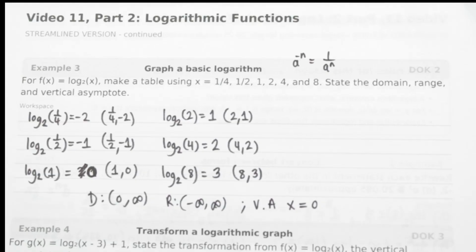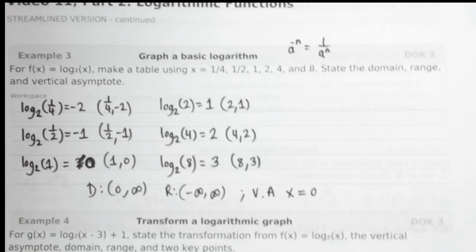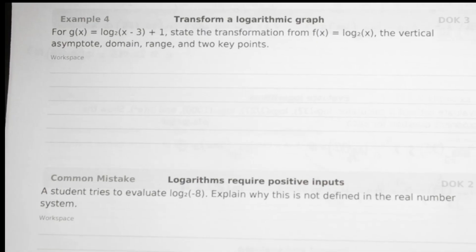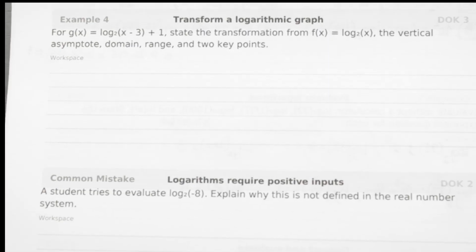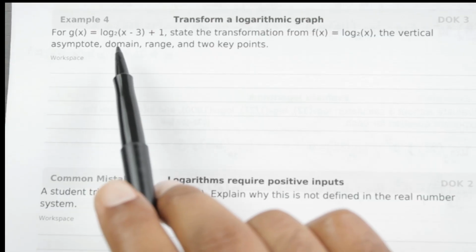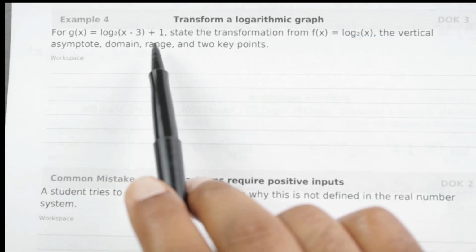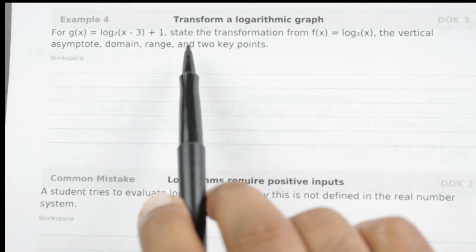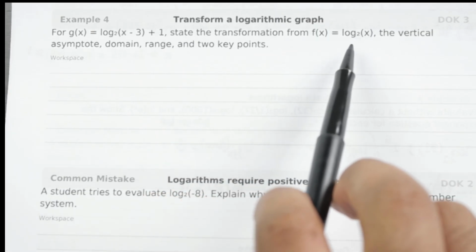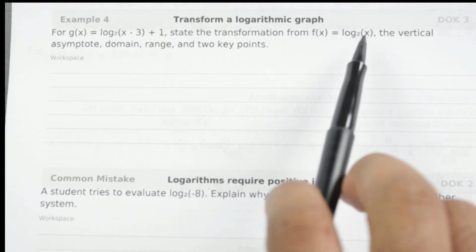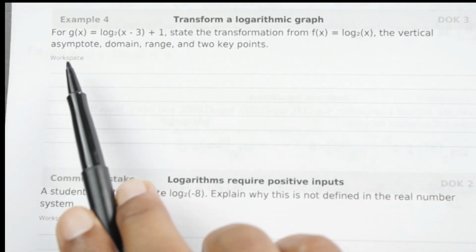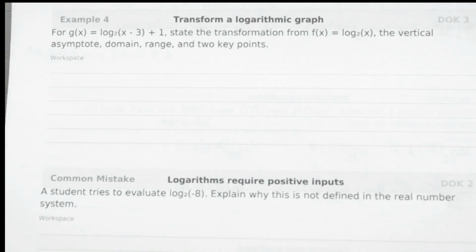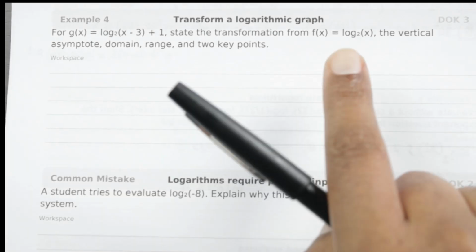Okay. All right. Example number 4. So we have a function, g of x equals log sub 2 of parentheses x minus 3, plus 1. Notice the shift. So state the transformation from the base. Remember, this is a parent function, and we need the vertical asymptote, domain, range, and 2 key points. So f of x equals log sub 2 of x.